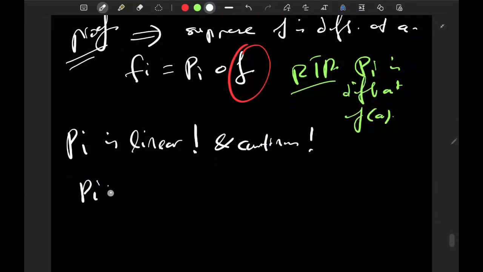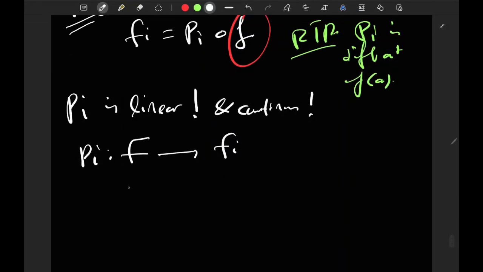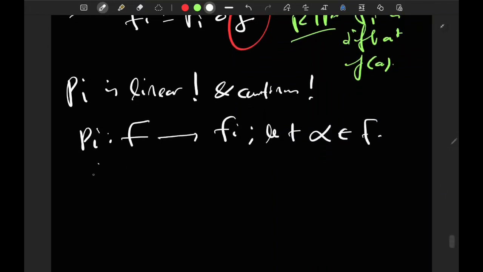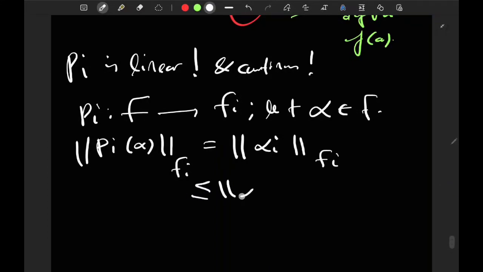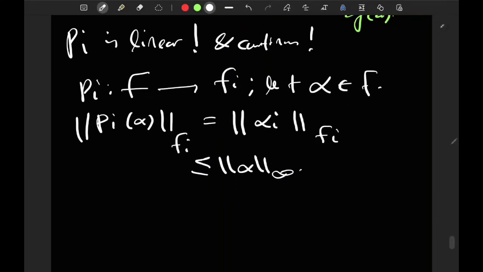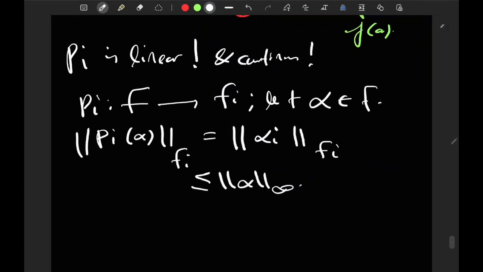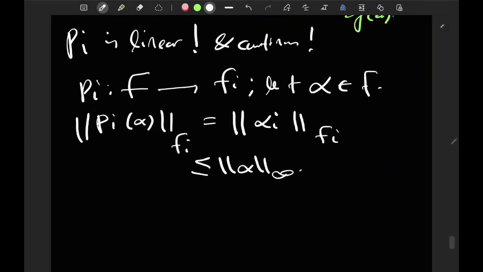Why? Well, π_i is going from F into F_i. Look at the norm of π_i. Let α belong to F. Then the norm of π_i(α) inside F_i is just the norm of the i-th component α_i in F_i, and this is less than or equal to the norm of α in infinity, because the infinity norm picks out the maximum, and the maximum of the components is certainly bigger than any of the components.